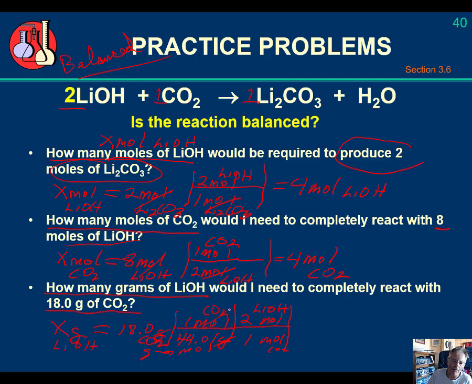And so when I multiply and divide across, moles of CO2 will cancel. So step 2 is the mole to mole ratio.